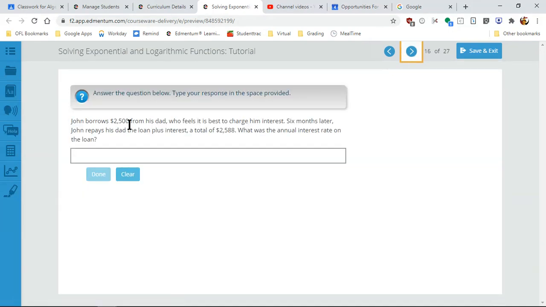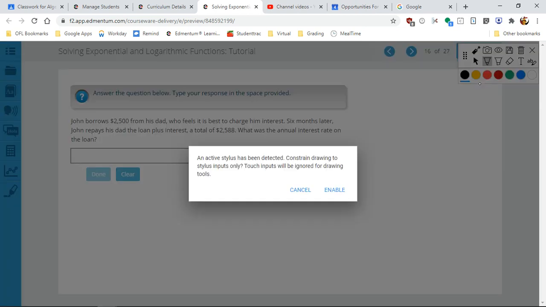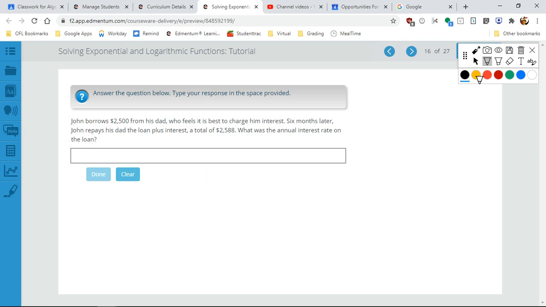So if we're doing this, John borrows $2,000 from his dad. So this is known as our principal. This is what we're starting off with, how much debt he has. So P equals 2,500.